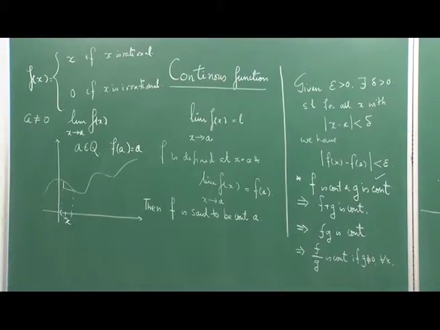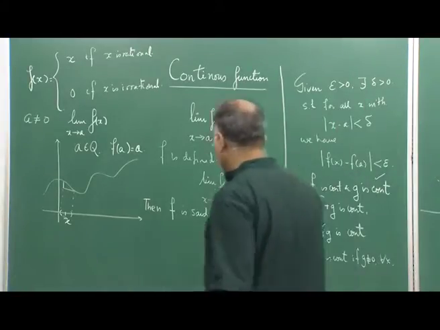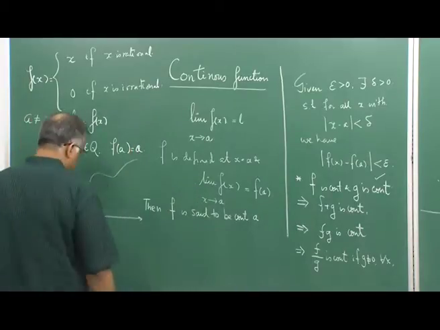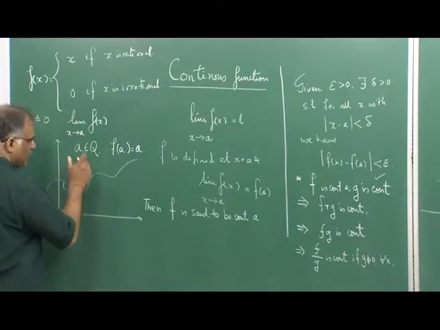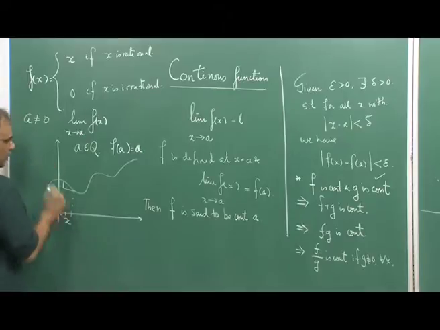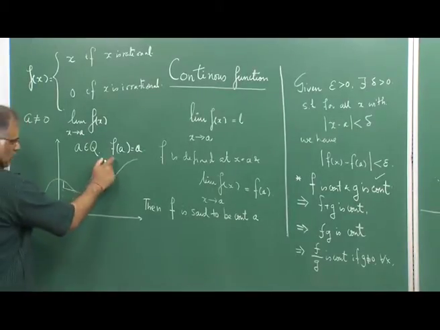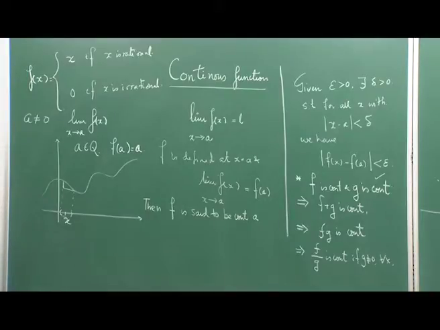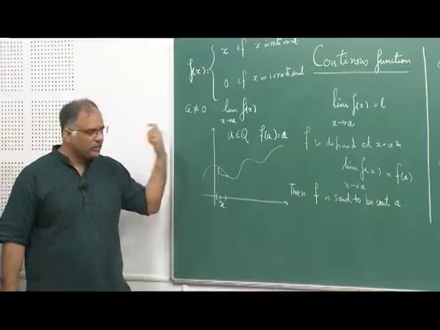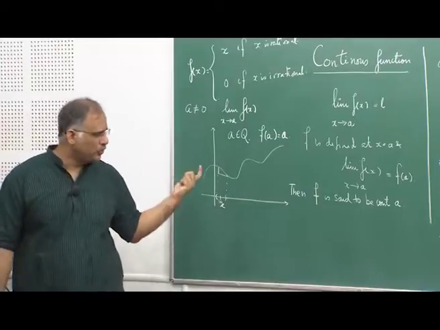So you cannot say that, however near the points I take, in this particular case, because of this oscillation, given any epsilon, I cannot always find a delta for which that relation of limit would hold true.